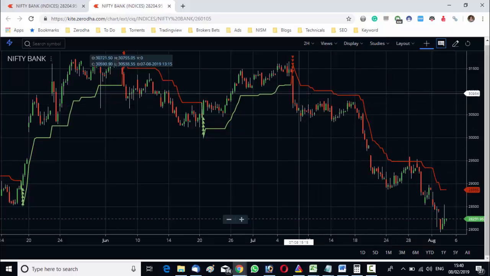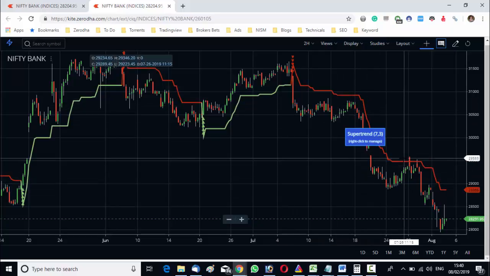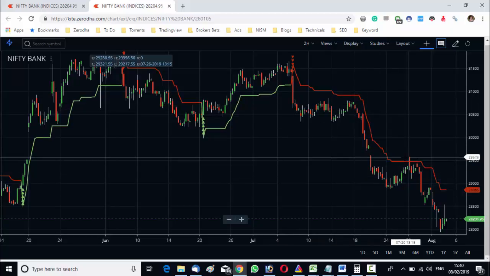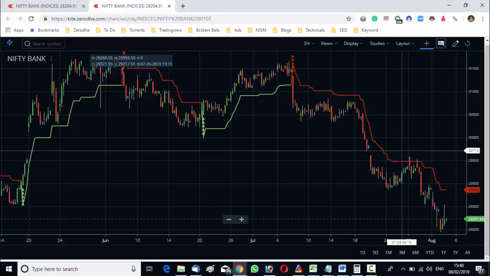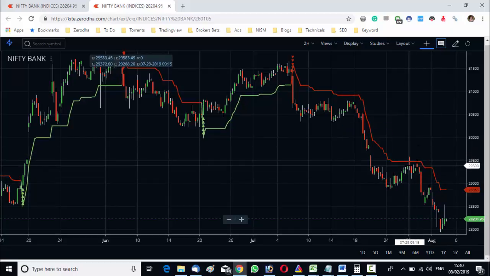If you find this kind of situations, the price tries to test the Super Trend but is unsuccessful, you can once again enter in the line of the trend and you can get money here also. So these are the various kind of trading strategies that you can use with Super Trend. You can mix and match Super Trend with other indicators to maximize your profits.